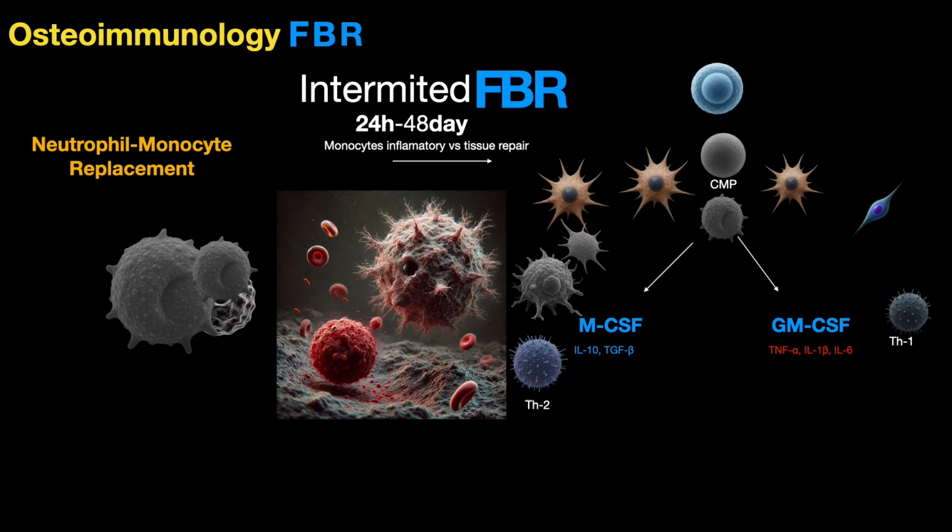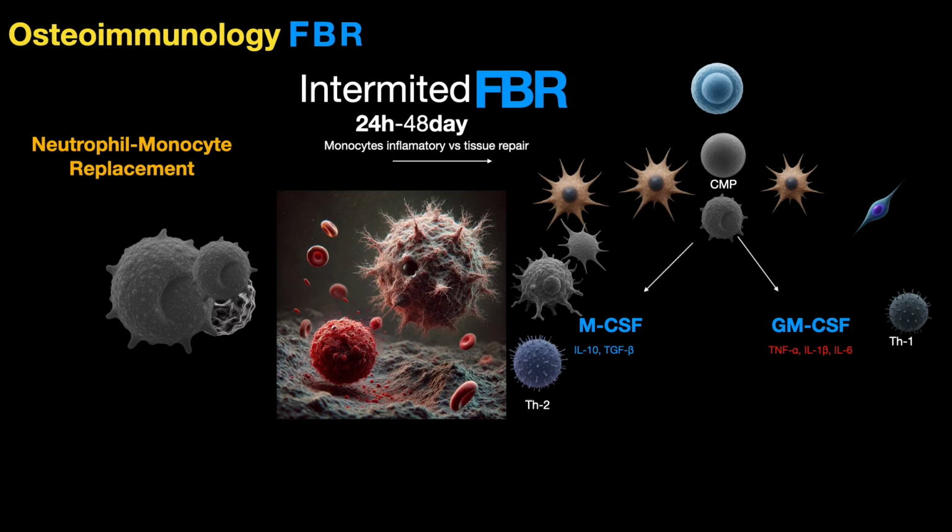So for neutrophils, the replacement happens between the first and second day, and here is a very important story. During this replacement phase, there are very potent mediators. If we have macrophage colony stimulating factor and interleukin 10 and transforming growth factor beta, we will have more T helper 2 lymphocytes, and we will get slowly into this non-inflammatory mode.